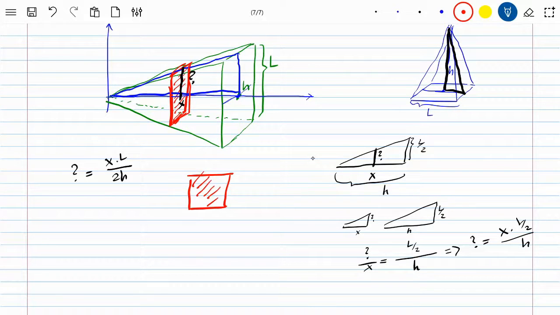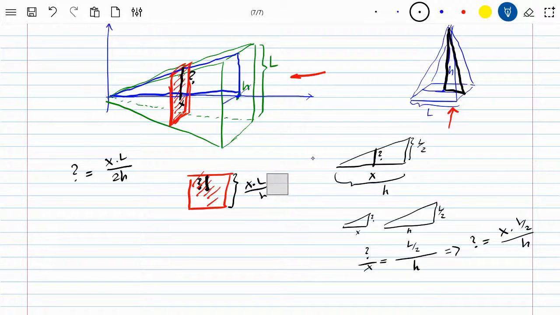Again, if you look through the bottom or through this direction, you'll notice that it would be a square. And what we found is half of it, that question mark. So basically the length of that square is x times L divided by 2h multiplied by 2, because we found half of it.